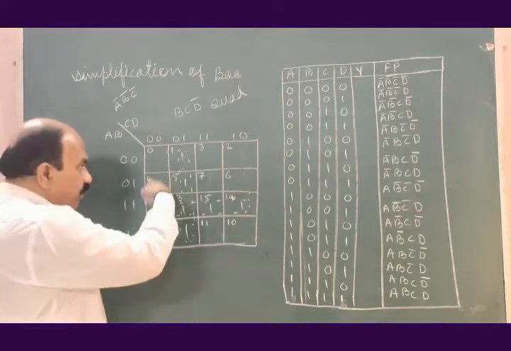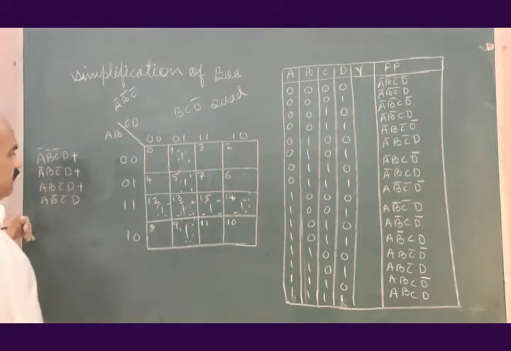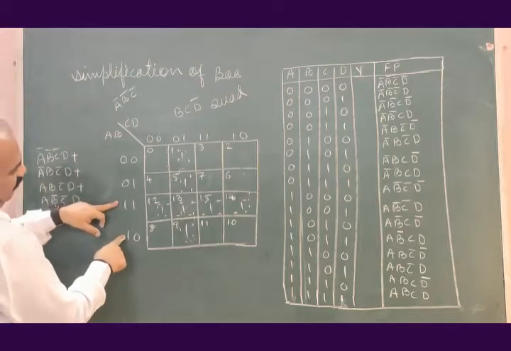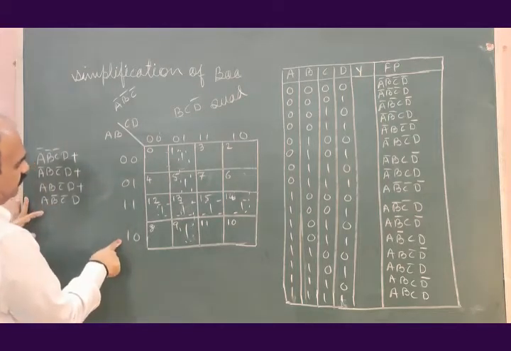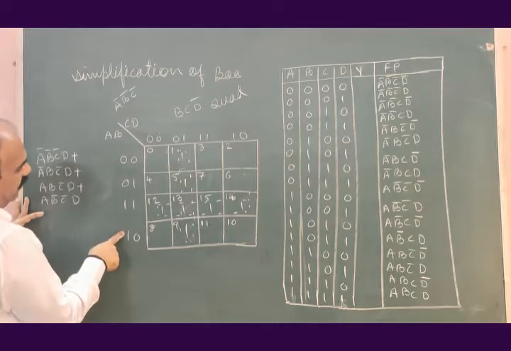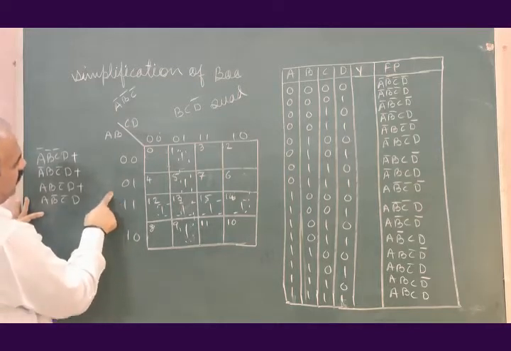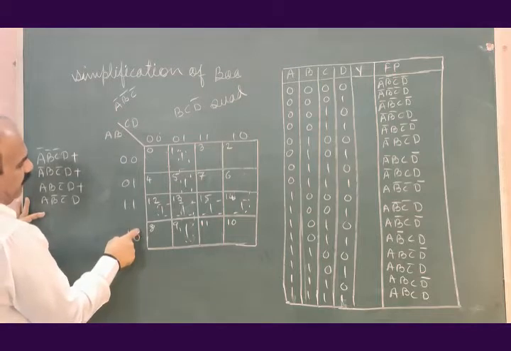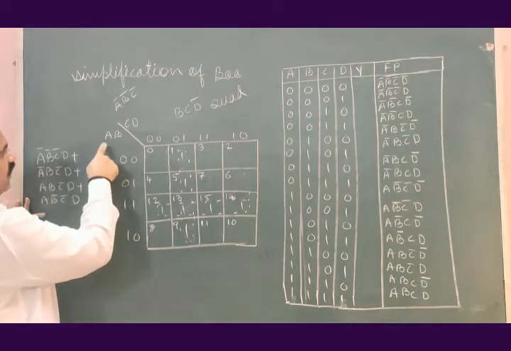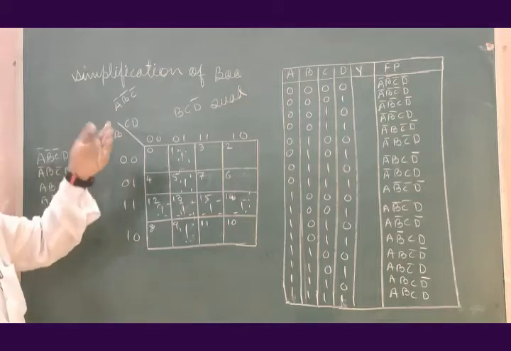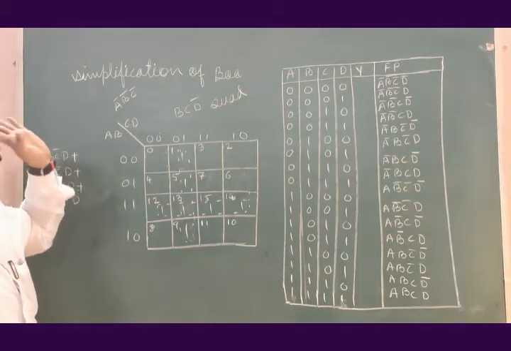But when we form a group, what will happen? Here, the form will change. A goes from 0 to 1, B goes from 0 to 1, 1 to 0. A and B both will go away. Both will be deleted.